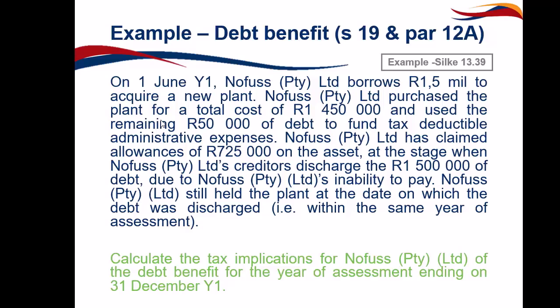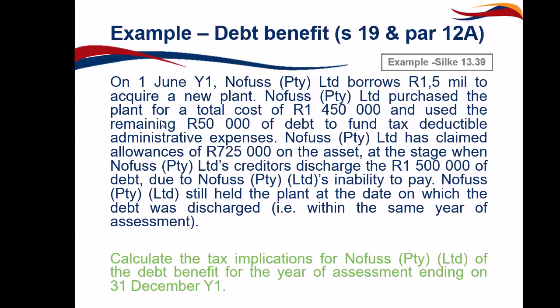Okay. No Fuss has claimed allowances of 725,000 on the asset at the stage when No Fuss's creditors discharged the 1.5 million worth of debt, because No Fuss was unable to pay. No Fuss still held the plant at the date on which the debt was discharged. Well, it makes it easy for us, isn't it, if the asset is still on hand, because what are we going to do?